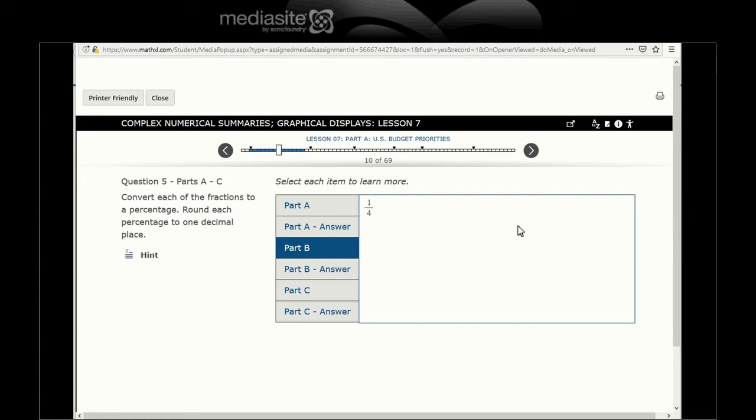1/4. Okay, a couple ways of doing it. Again, turn it into a decimal: 1 divided by 4 is 0.25, and multiply by 100%, which gets us to 25%.